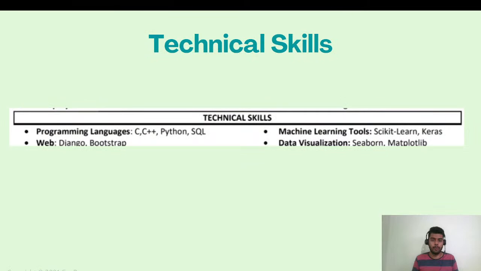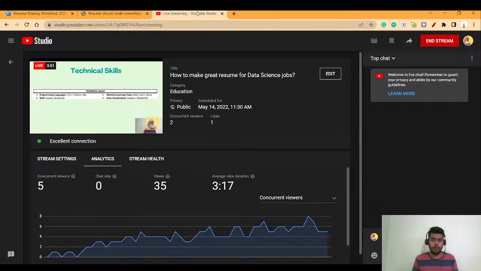Okay. So in this part, I have specifically mentioned how you can also do the web thing. That is important. Let me check, I think I'm facing some issue. What is the problem here?